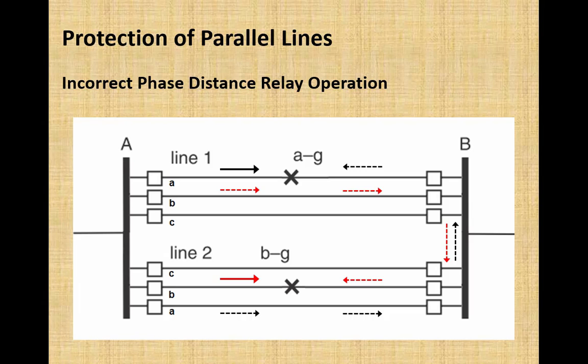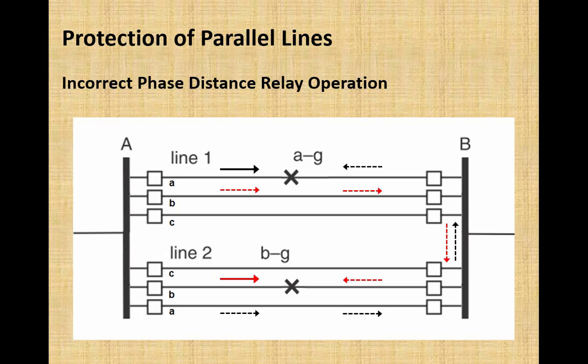So I'm repeating it again. If the tripping practice is three pole operation of the circuit breaker, nothing is wrong here with this fault. No matter what the type of fault is, all three phases will be tripped. But if the practice was to trip only the faulty phase in case of a line to ground fault and all three phases for any other type of fault, then here, for a line to ground fault, all three phases would be tripped, and there will be confusion in post fault analysis.